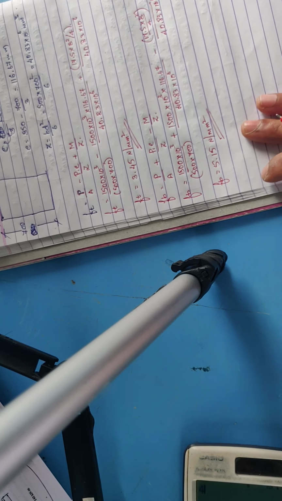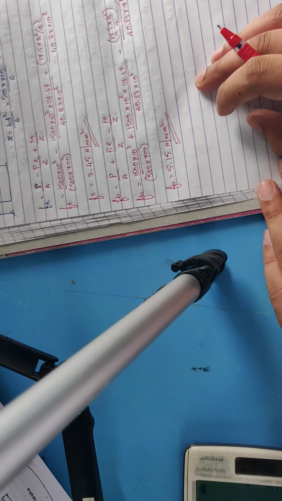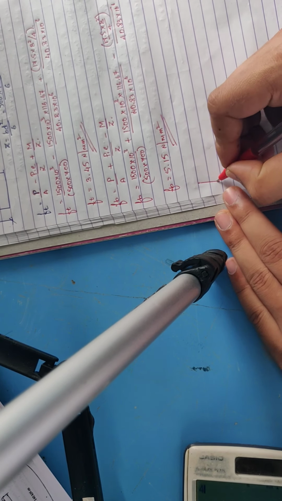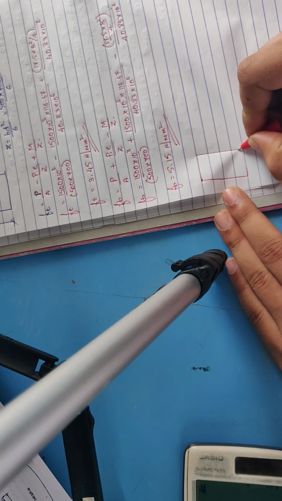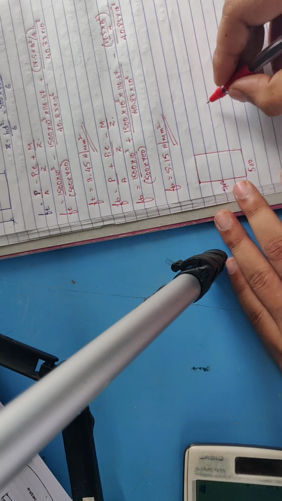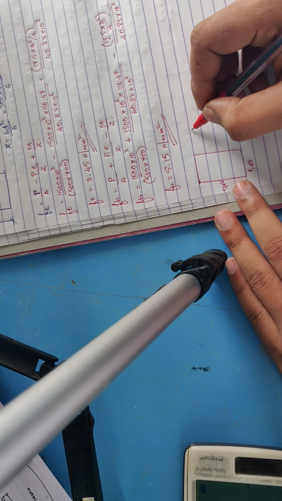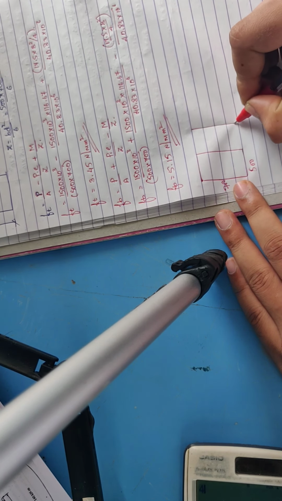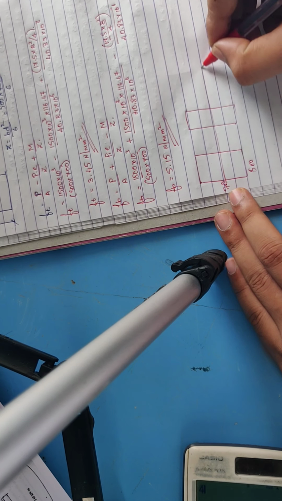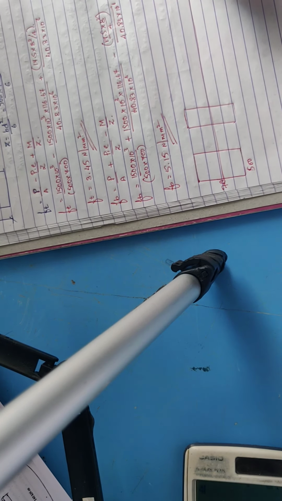Now if he asks to draw the diagram, or better you can draw the diagram, this is the cross section, 500 by 700. Now direct stress is given like this. This is our neutral axis.